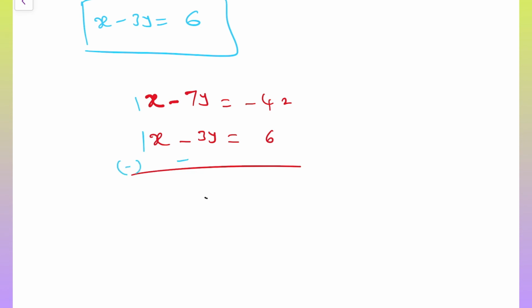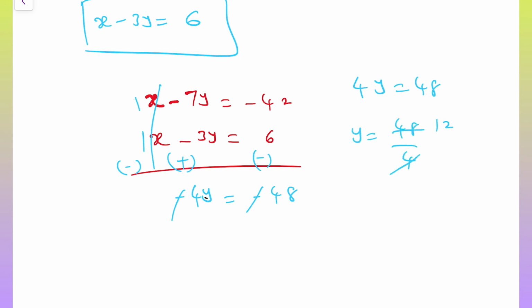Plus becomes minus, minus becomes plus, x cancels. Minus 7y plus 3y, minus 4y, equals minus 42 minus 6, minus 48. Both the sides minus minus will get cancelled. Then we remain with 4y equals 48. Then y equals 48 divided by 4. 4 ones are 4, 4 twelves are 48. Y equals 12.